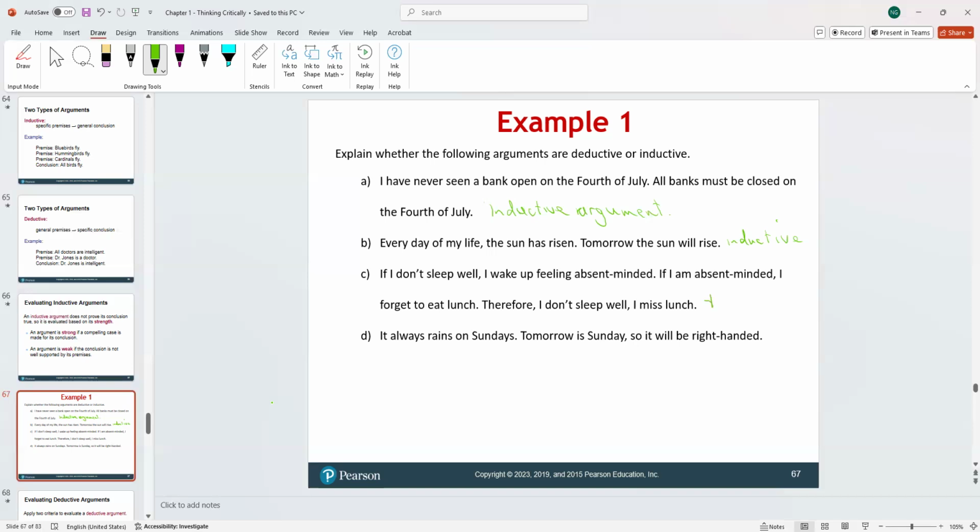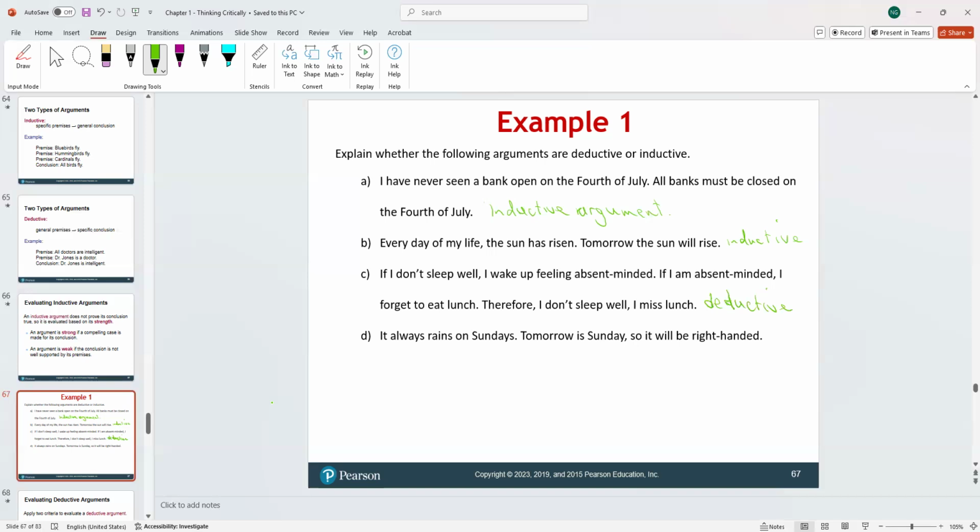Because we come from something general: I said if I don't sleep well, I wake up feeling absent-minded. If I'm absent-minded, I forget to eat lunch. So that's really general, but now give it a very specific case: I don't sleep well, so I miss lunch.